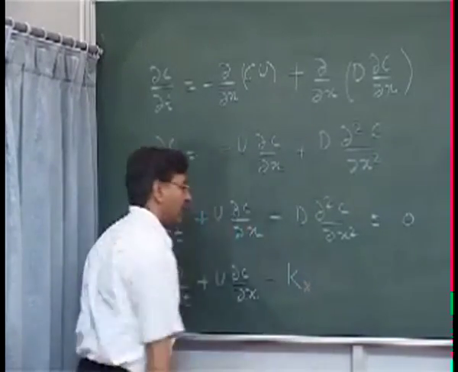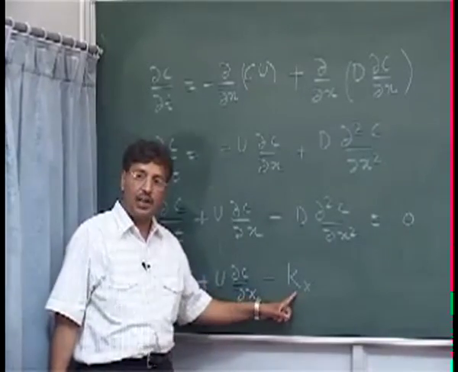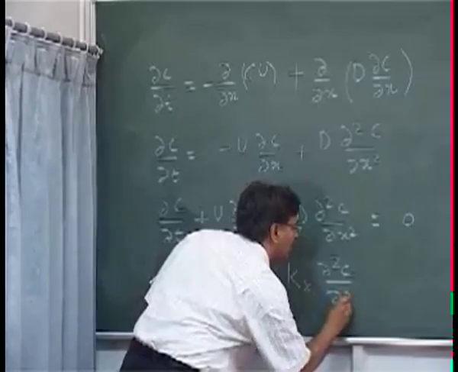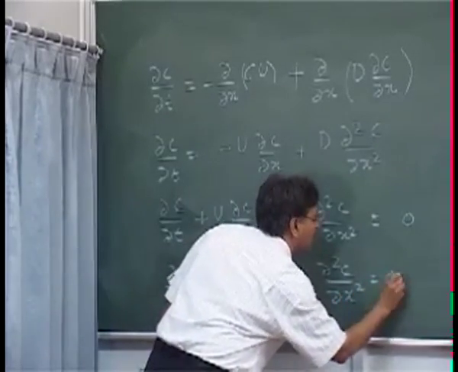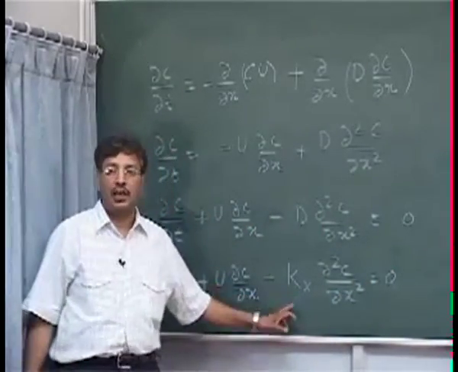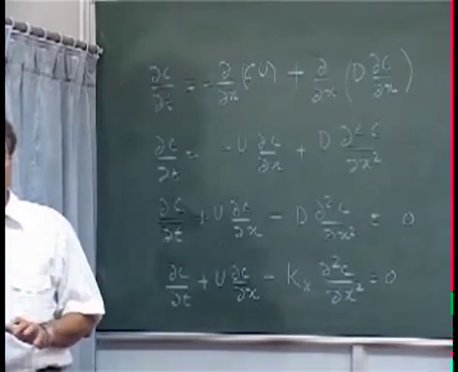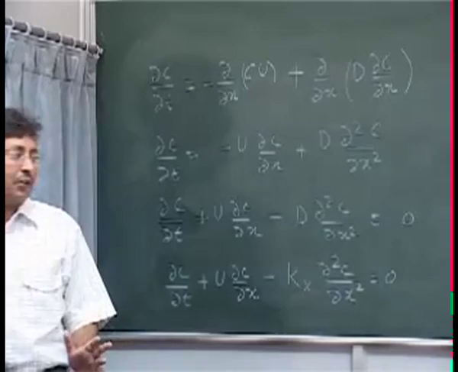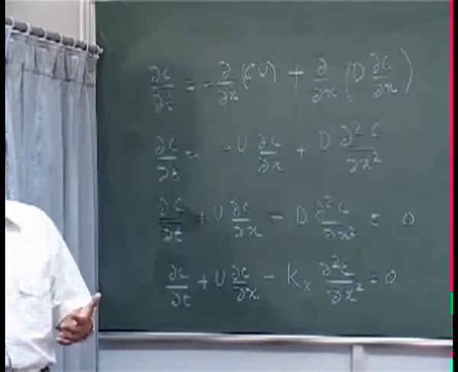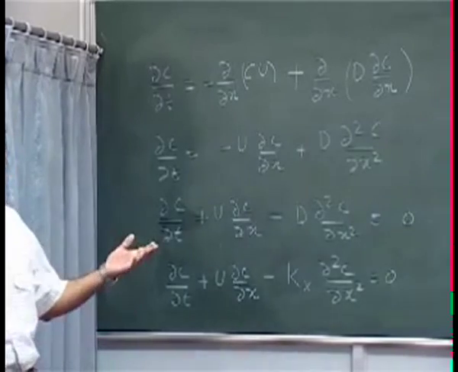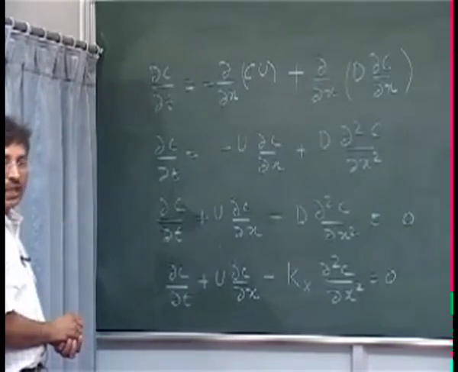So I can write the turbulent diffusion coefficient kx. Note that kx is the turbulent diffusion or the diffusion term in the atmosphere, and the units of kx will be the same as that of d, because we are simply replacing d with k.